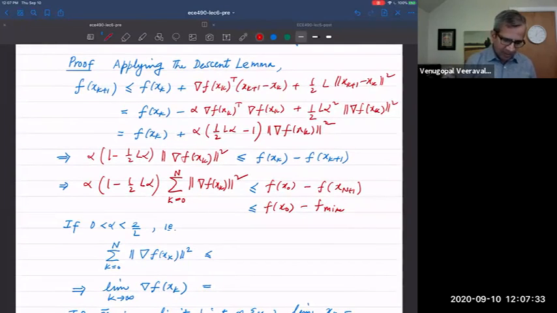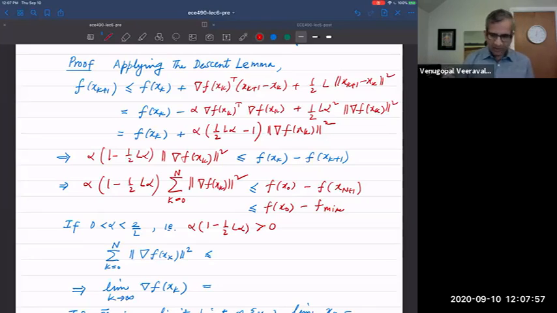And now we'll put a condition on alpha. So finally we arrive at the condition for alpha. If alpha is between 0 and 2 over L, then that guarantees that this is positive, so alpha times 1 minus half L alpha is going to be bigger than 0.